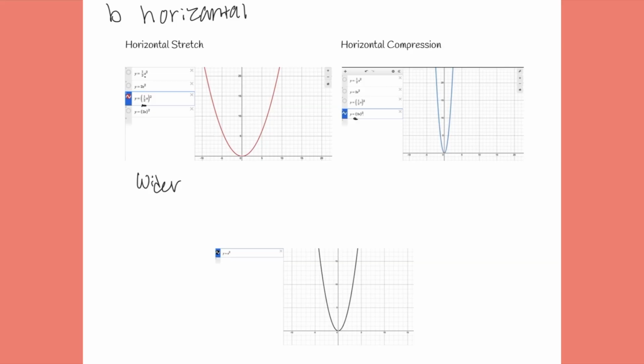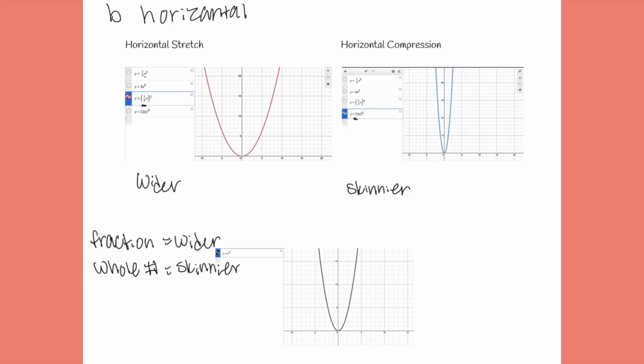And when it's a whole number, the function gets skinnier. So from this, we can say that when b is a fraction, the function is wider, and when it's a whole number, skinnier. This is the same as vertical, but the names for this are different.